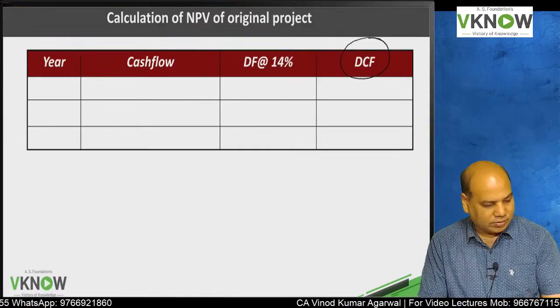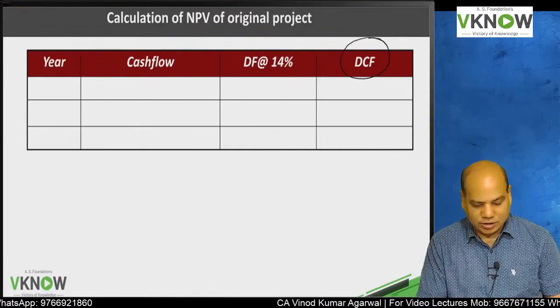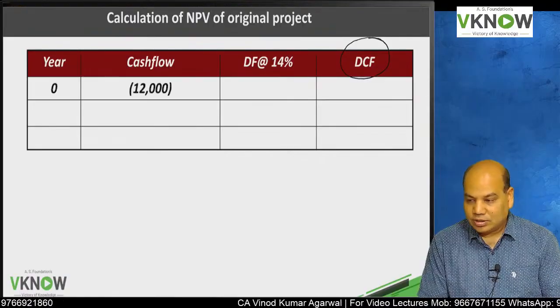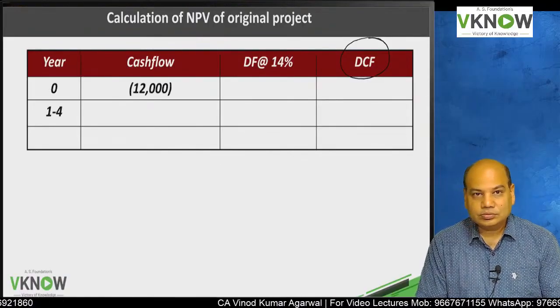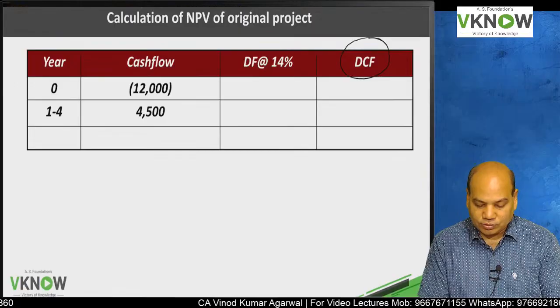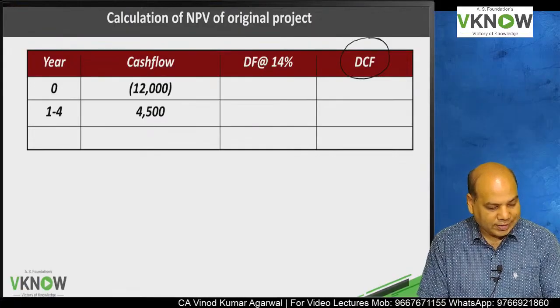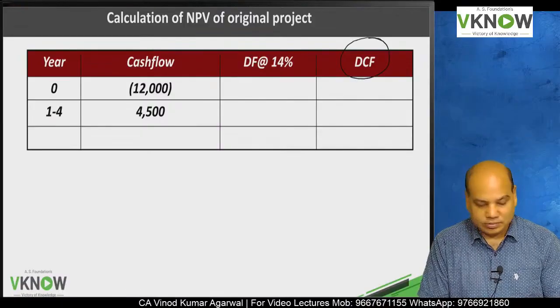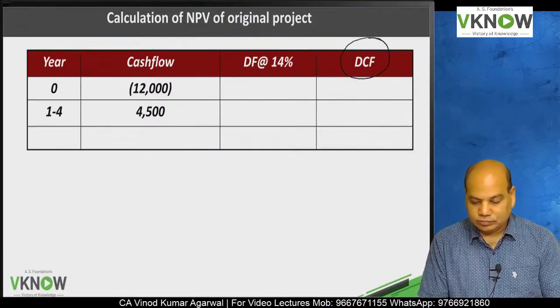So let us solve this very easy question. But this is an exam question, trust me. In year 0, 12,000 outflow, cost of the project. Year 1-4, 4,500 cash inflow.